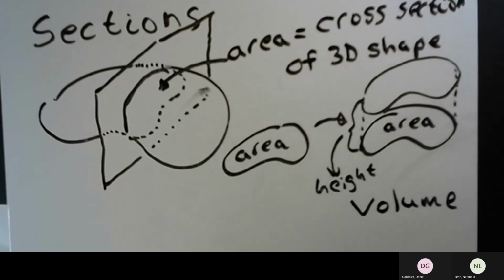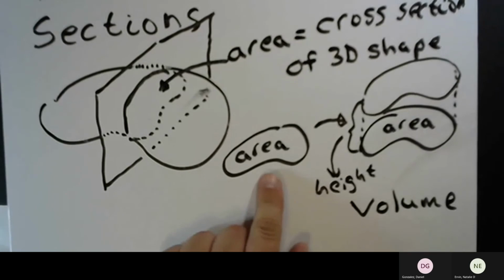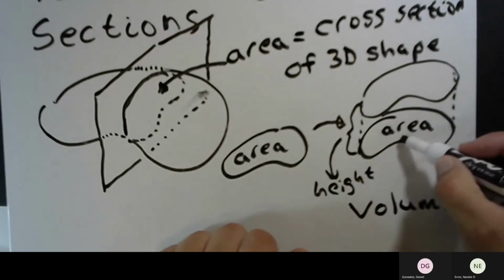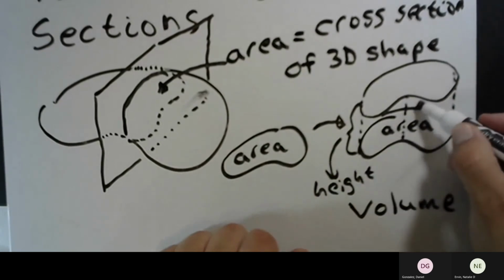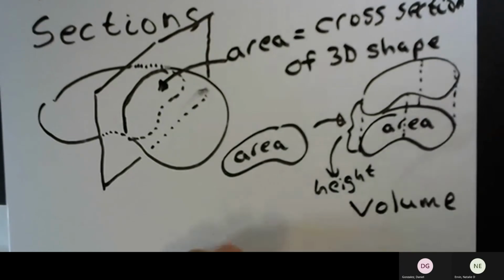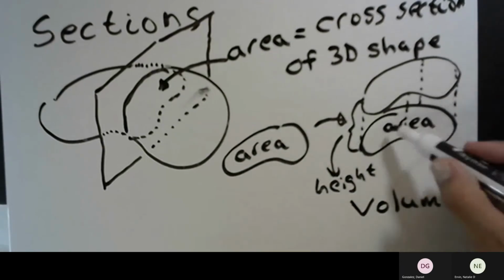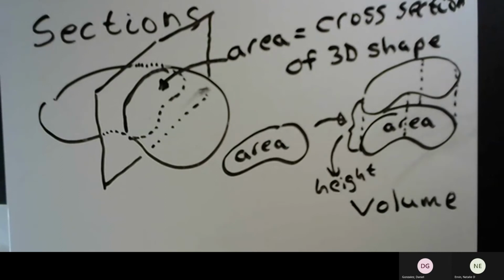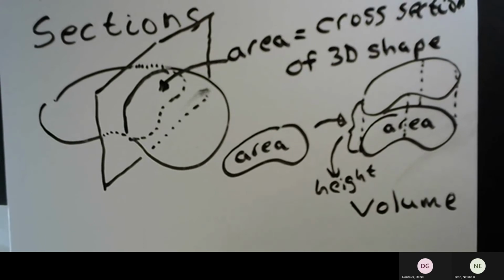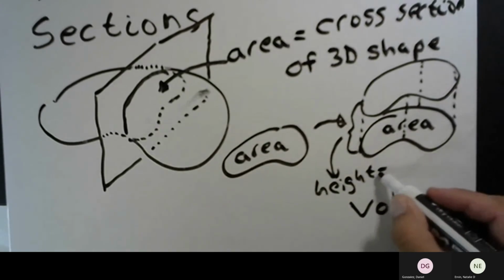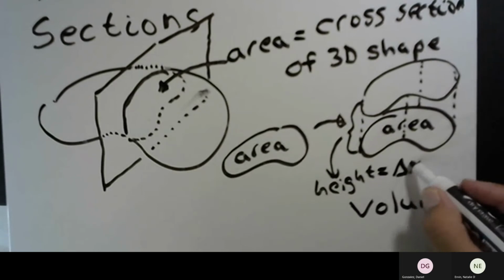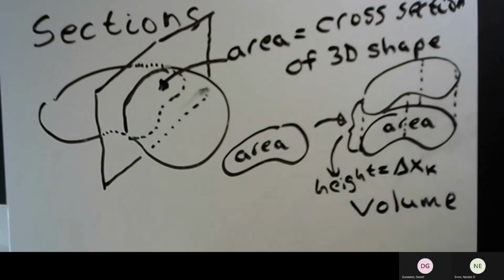So we've gone from a cross-sectional area, and we have this sort of space here that, if you can imagine this being filled in, is going to be a volume. This height we can call delta xk.